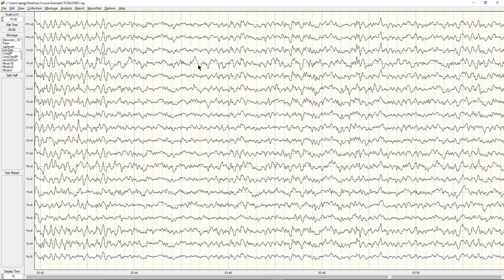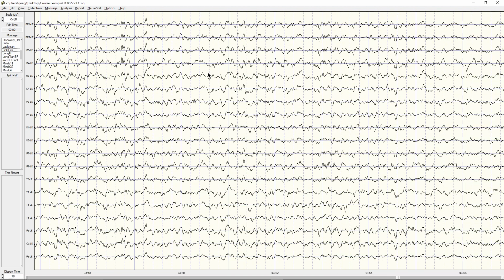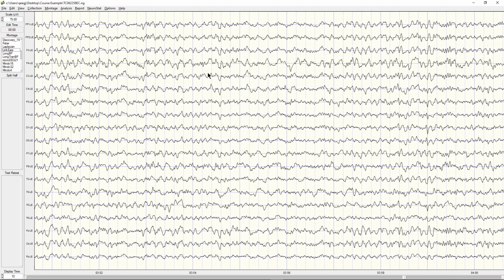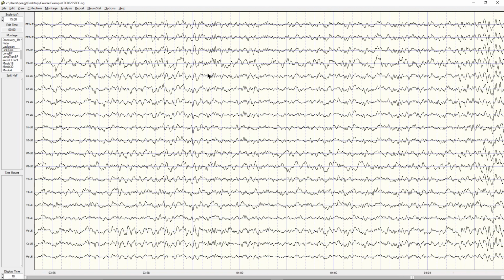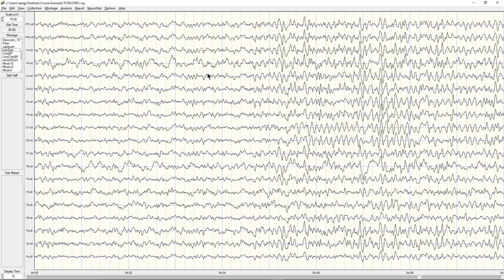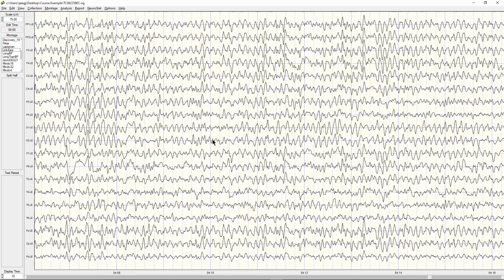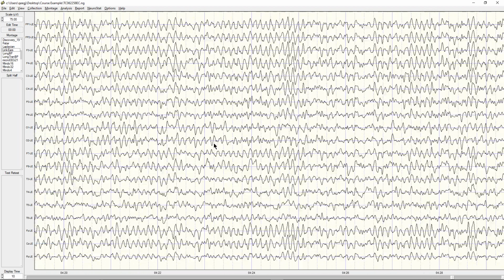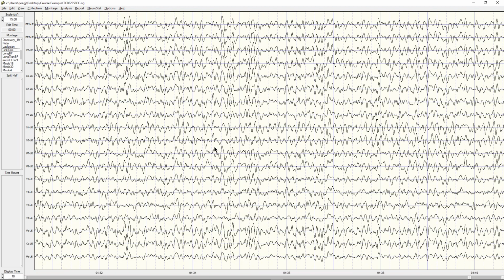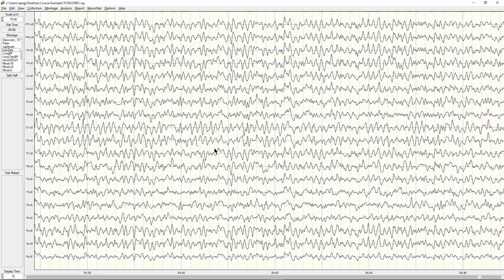Personally, I don't think that looks like a K at all, but that's what they call it. Then she comes back, and then she wakes up again, and we're back to pretty normal EEG, a little bit slow.